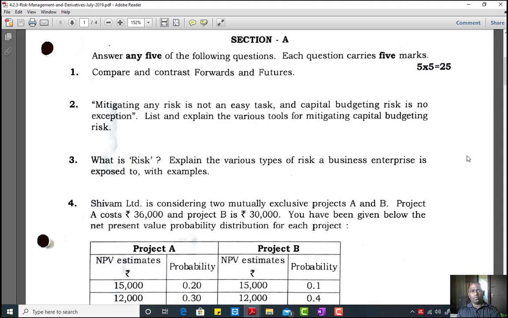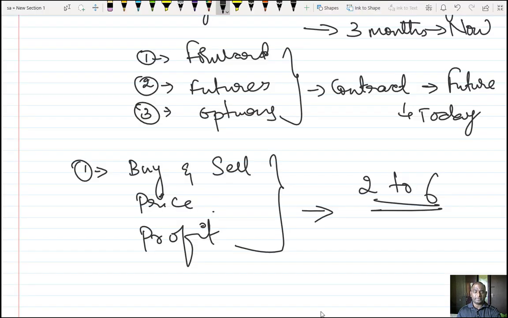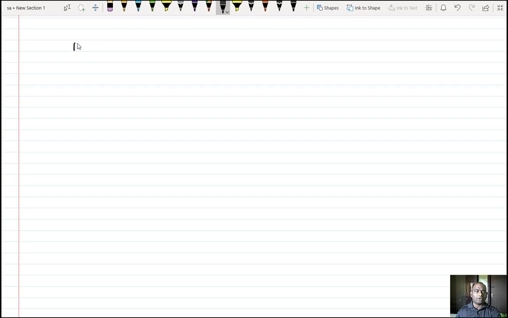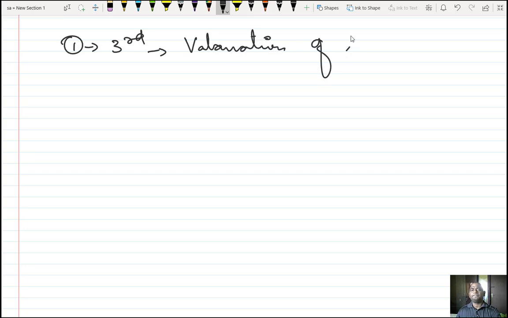Even in the balance, there is a problem on valuation. Now what is valuation? You must have studied in your second year, that is your third semester, valuation of shares. What is valuation of shares?